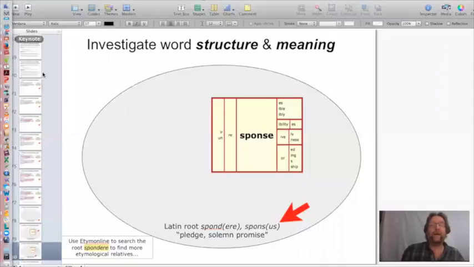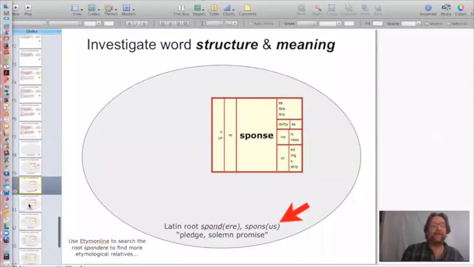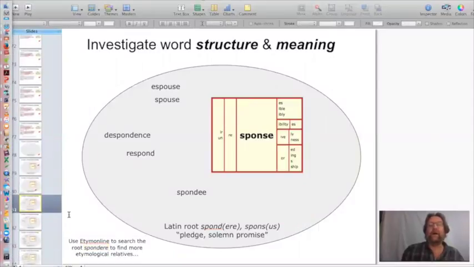Okay, well, let me add some family members here. Some of the words were already here, but I can't put espouse or spouse in here because it doesn't share the base. Despondence, respond, spondee doesn't help me get there.